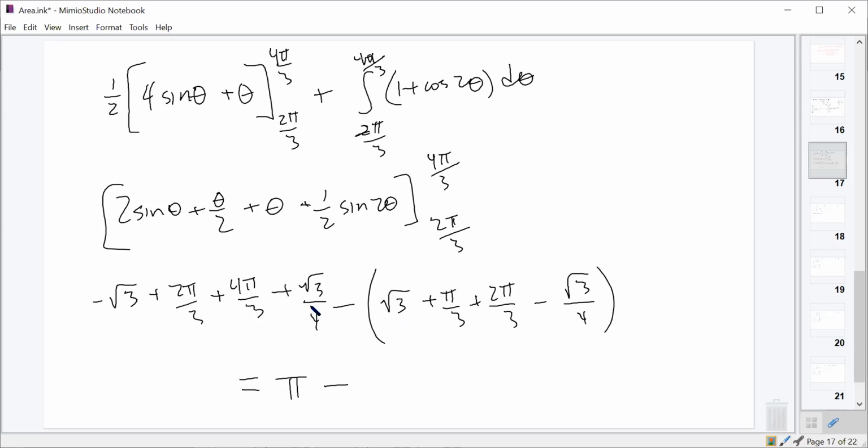And then we've got plus the root 3 over 4, so that's plus 2 root 3 over 4 plus root 3 over 2, so that ought to be minus 3 root 3 over 2. Everybody good there or no? Any questions or issues with that?